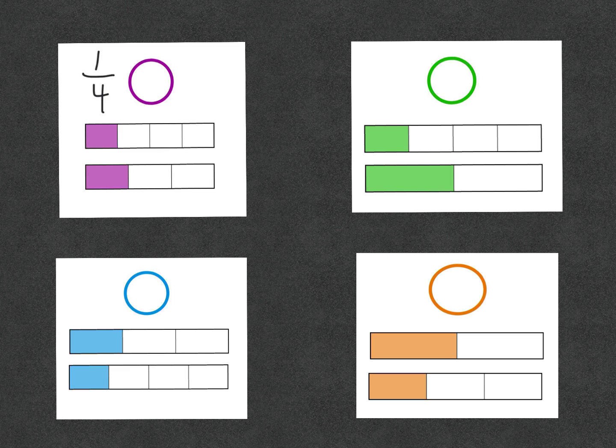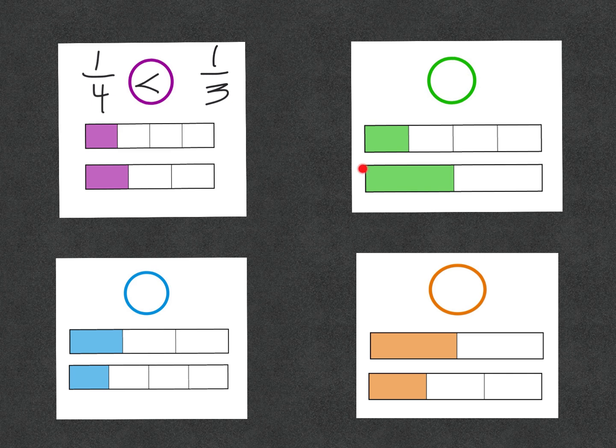We can represent this as 1 over 4. In our bottom fraction strip, we have 3 equal parts with 1 shaded. We can represent that as 1 over 3. From this math drawing, we can see that 1/4 is less than 1/3.